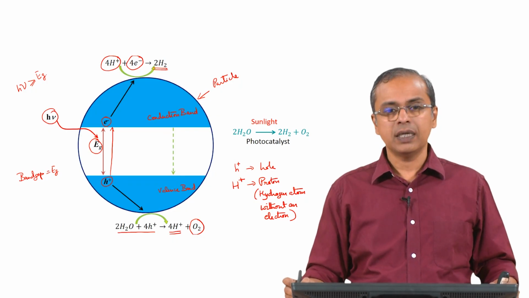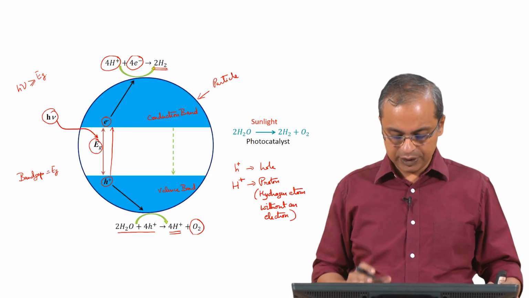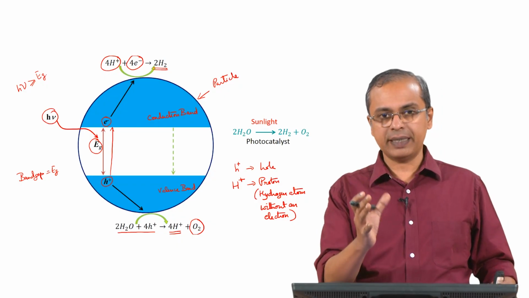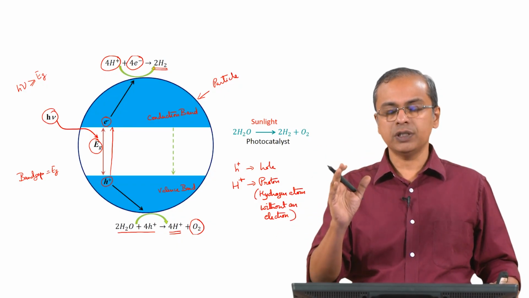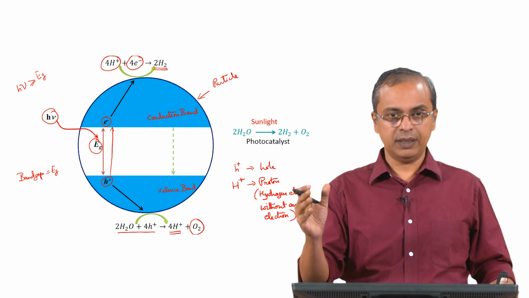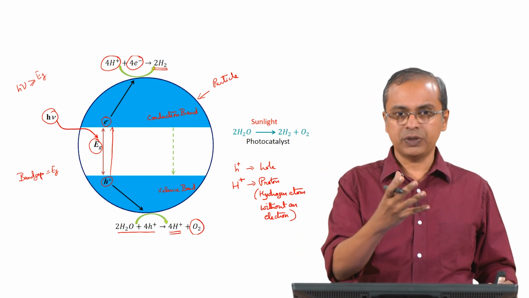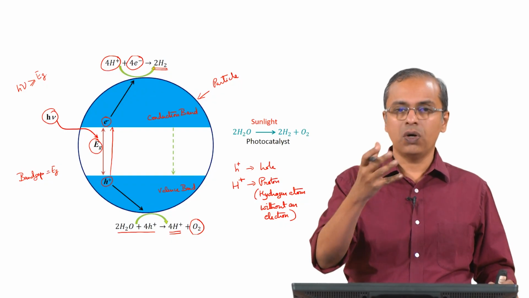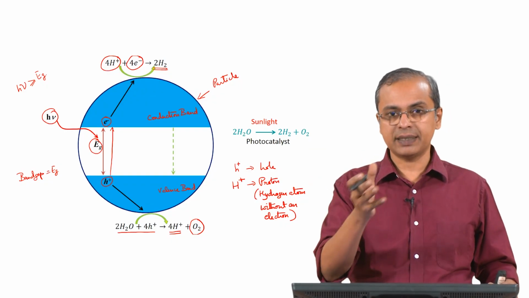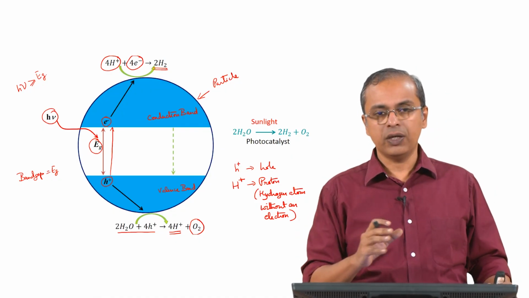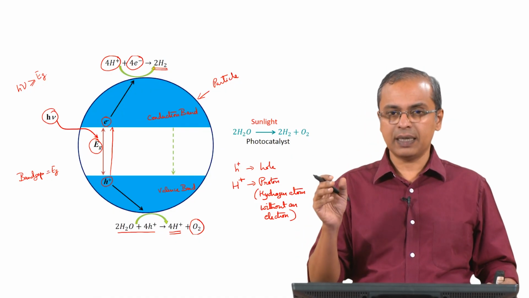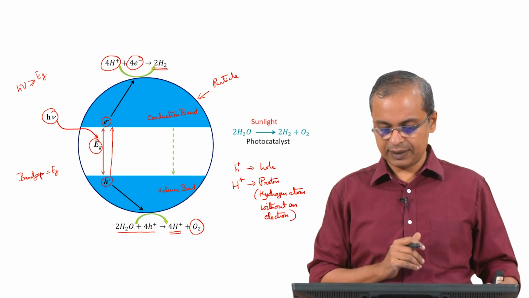So, in this process at several locations on the particle the holes are reacting with water, generating protons and generating oxygen. This proton is moving around or is in a position to move around, and if it happens to also see electrons coming there from the conduction band, these protons react with those electrons and generate hydrogen. So, you can generate oxygen at some sites and you can generate hydrogen at some sites.